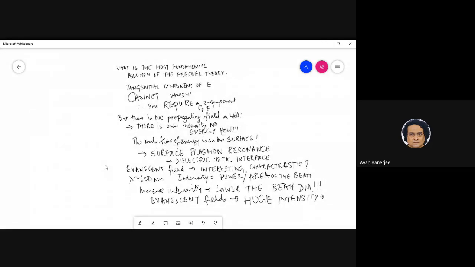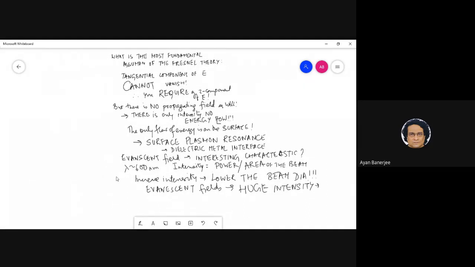People who are interested, please read it up. Anybody has any idea what is the diffraction limit? Any idea? What is the meaning of diffraction limit?